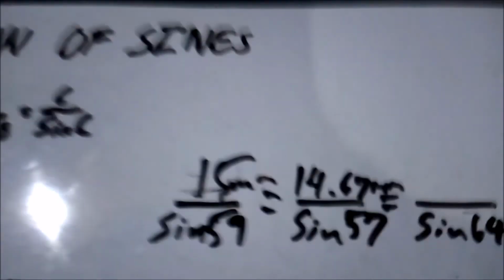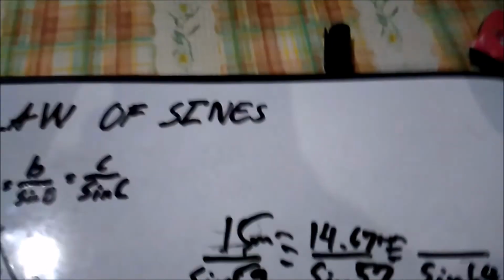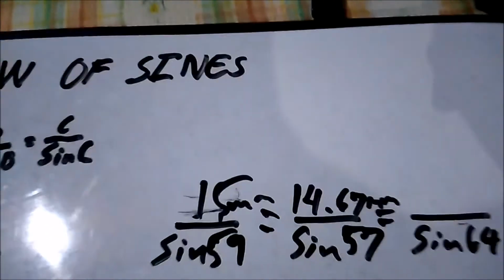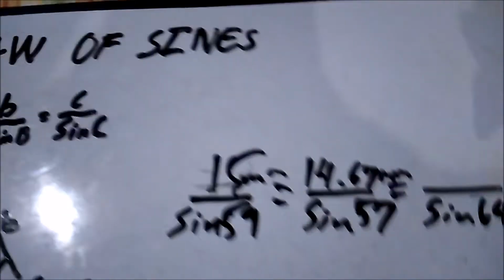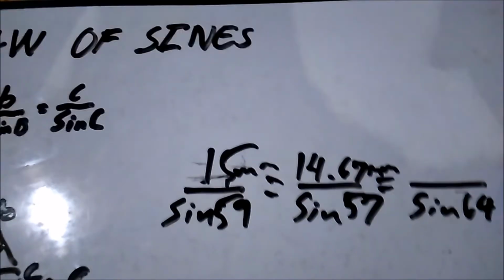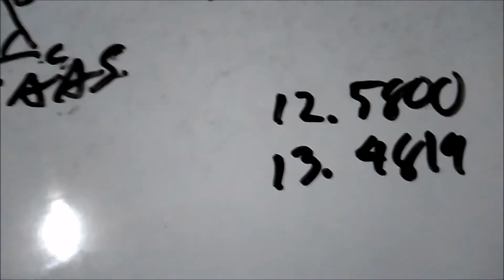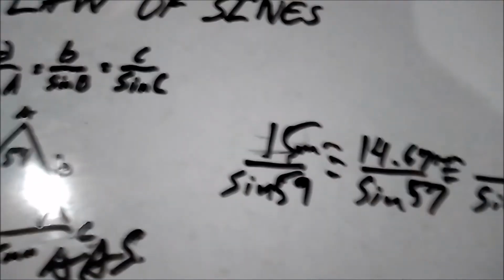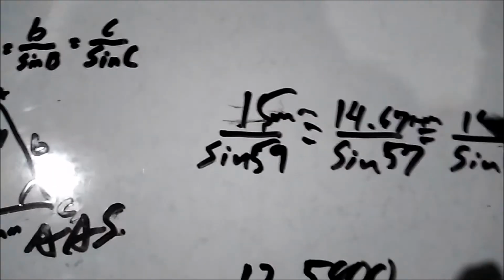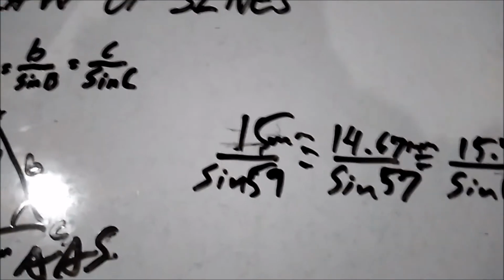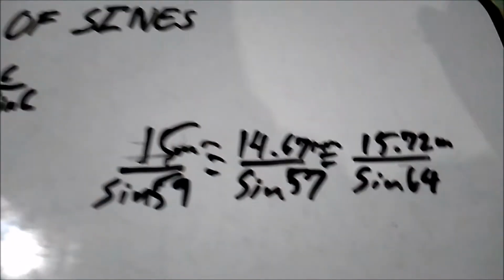So 15 times the sine of 64 is 13.4819, and when it's divided by sine of 59, the answer should be 15.72 millimeters.